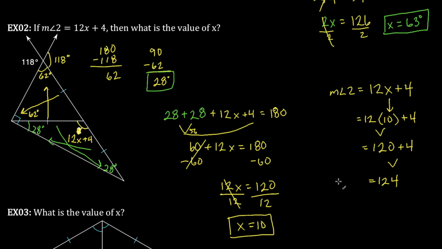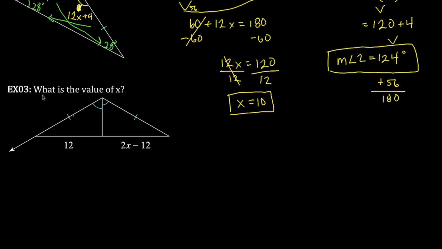Let's check that. 124 plus the 28 and 28, which is 56, so 124 plus 56 is 180. So, cool.